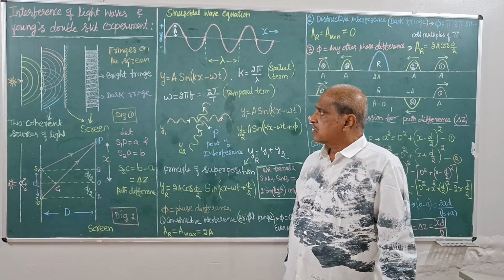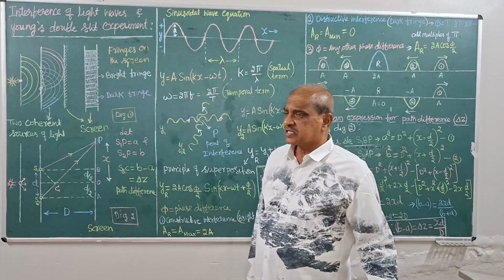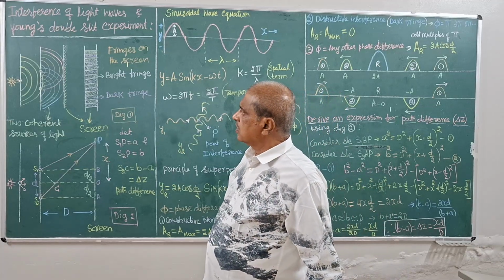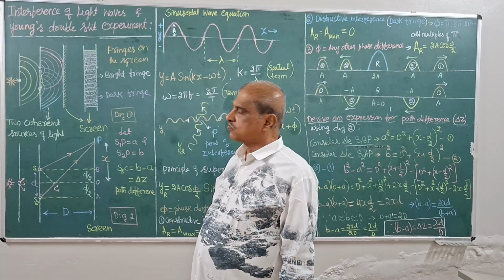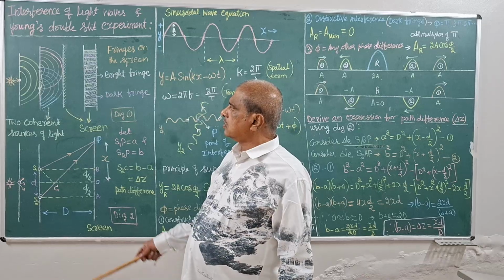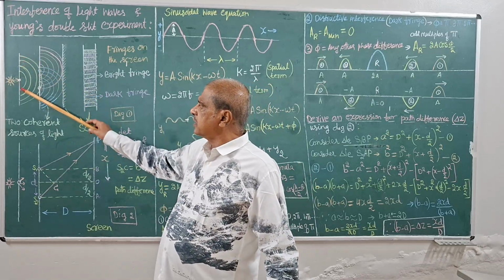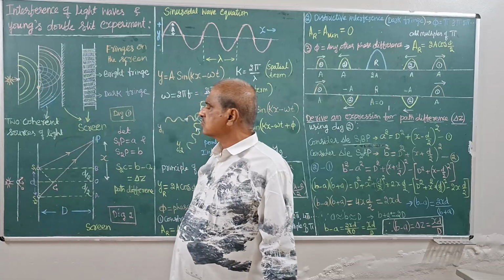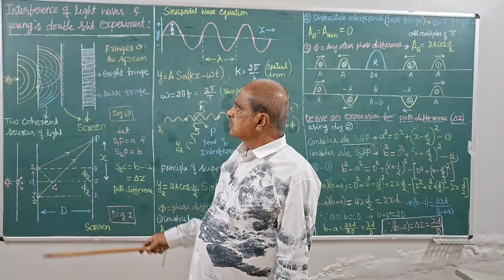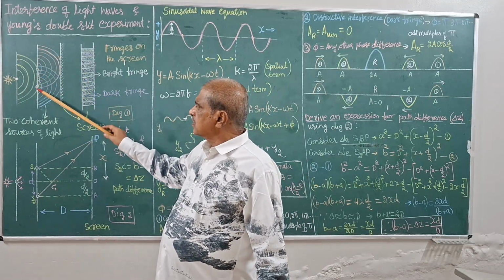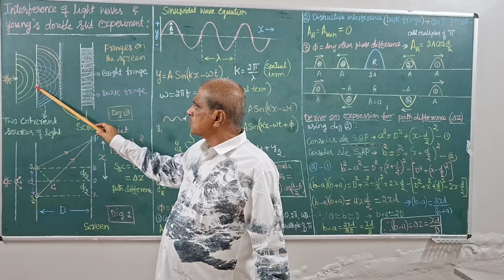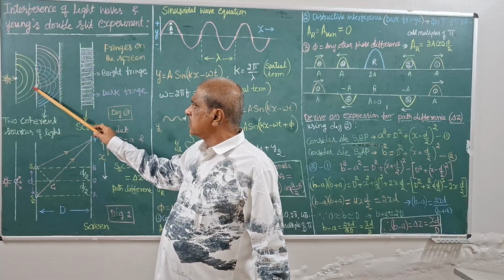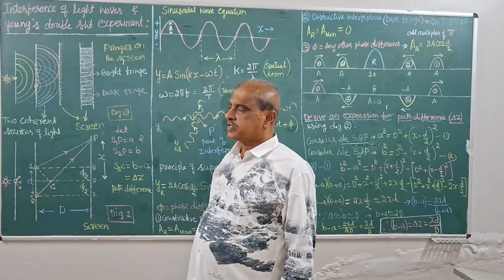Let us understand the experimental setup. There is one opaque screen with a slit in it, a single slit. Then one more opaque screen with two slits in it, closely associated.